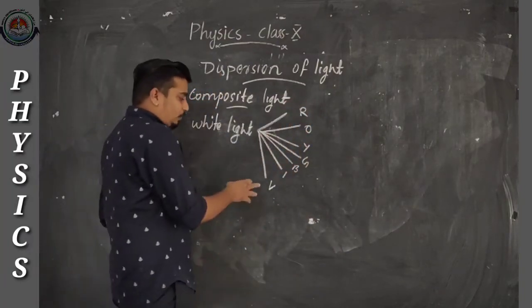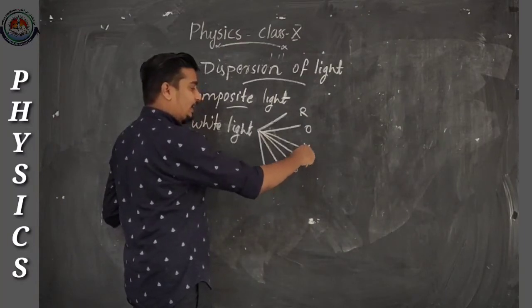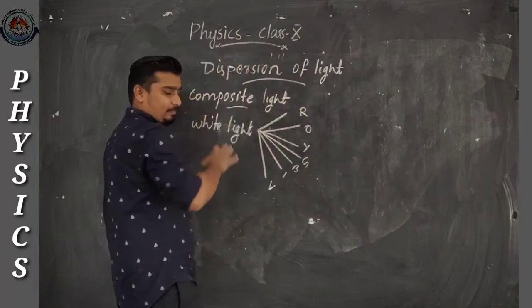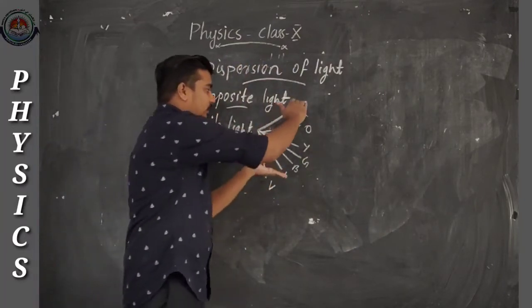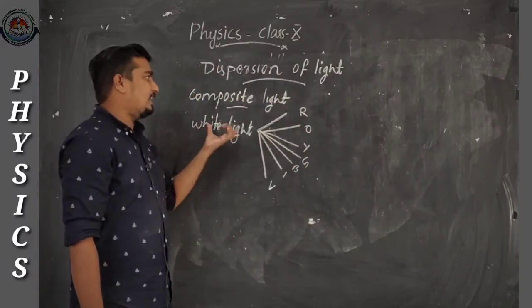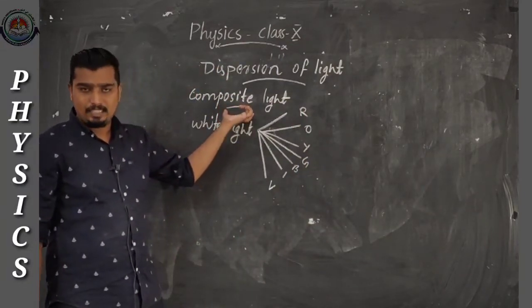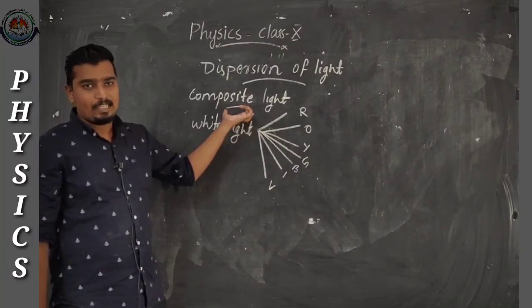What is VIBGYOR? VIBGYOR is violet, indigo, blue, green, yellow, orange, red. This white light is the combination of these 7 colors. Therefore, white light is a composite light.